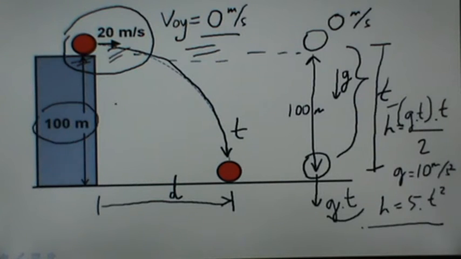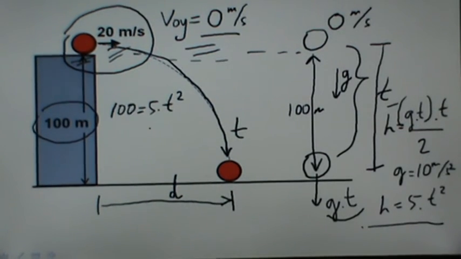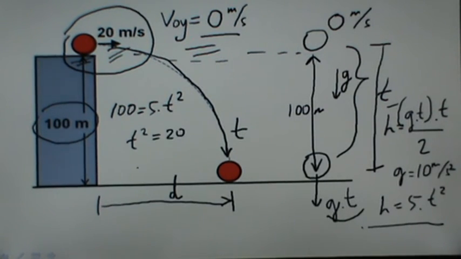Therefore 100 meters is equal to 5 times T squared, or T squared is equal to 20, or the time needed for the ball to hit the ground will be the square root of 20 seconds, or it's around 4.47 seconds. So this is the time of the ball to hit the ground.